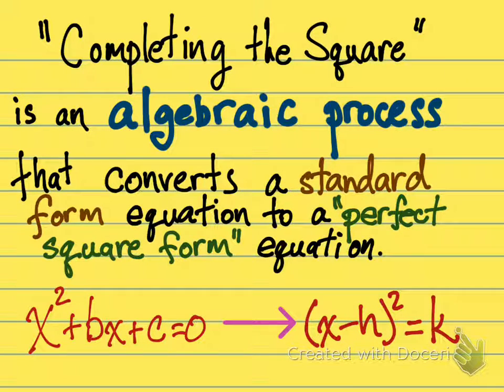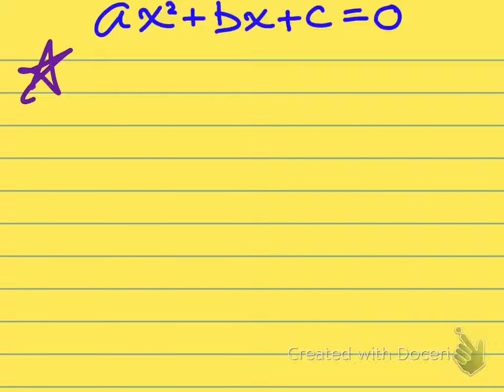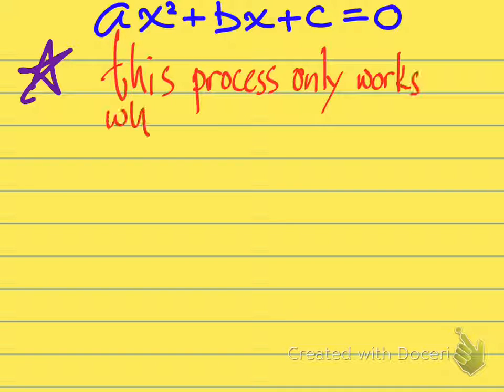Now, you may notice something missing from my standard form over there. You may be more familiar with ax squared plus bx plus c equals 0. Right here at the outset, I want to make the comment that this process really works best when the a term is equal to 1. So it's just plain old x squared instead of some other number times x squared. That's when the completing the square process really is an easy solution method.